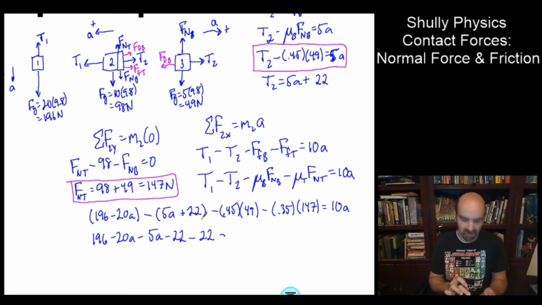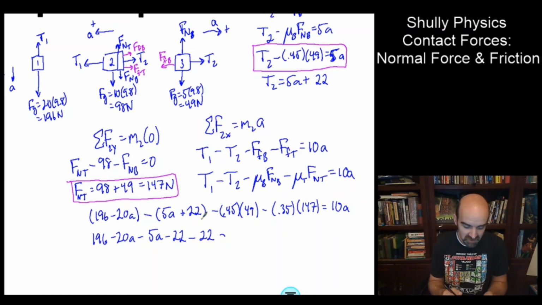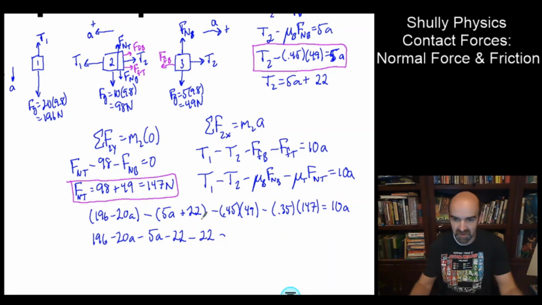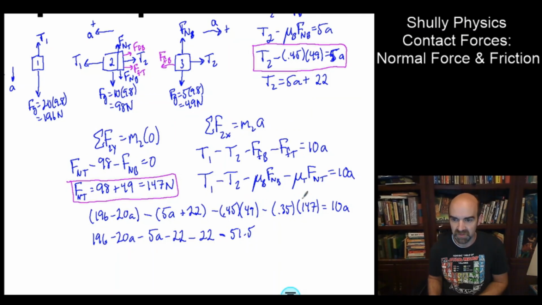All right, 0.35 times 147. Letting Newton's second law teach you about what's going on is valuable. So this is 41.45. I'm sorry, 51.45. I'll call it 51.5. Okay, so that's this piece there. That equals 10A. Let's bring all the A's to one side. So this is negative 25A.